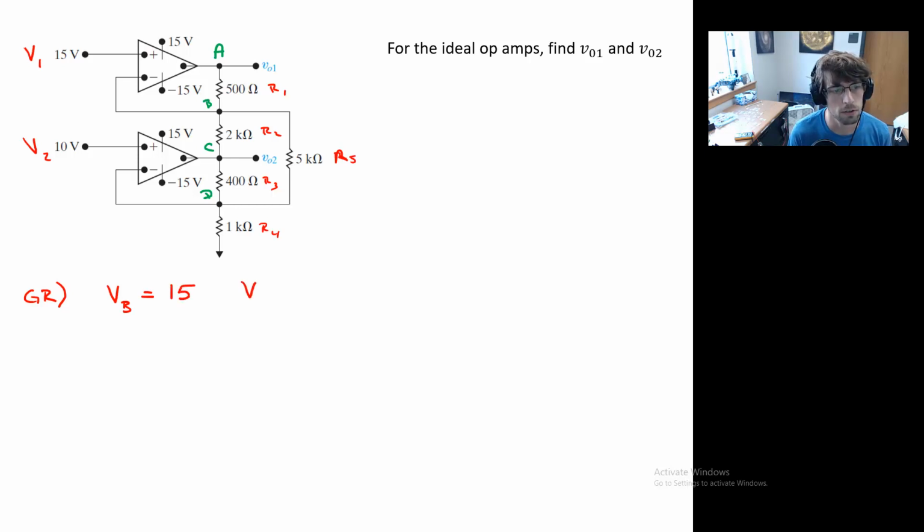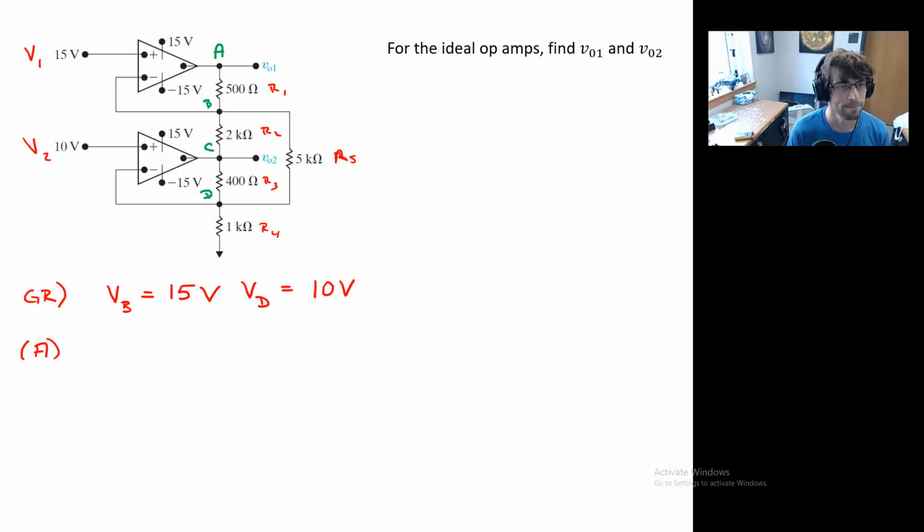And the potential at D is equal to 10. Good, right? The inverting input matches the non-inverting input. So if I insert 15, this one's at 15. Now let's apply our node voltage.